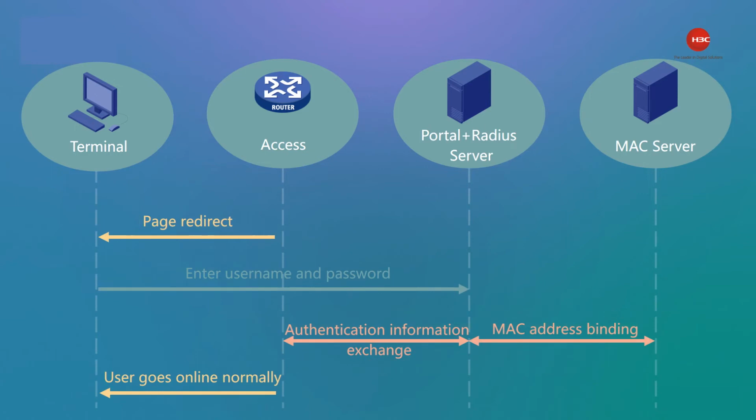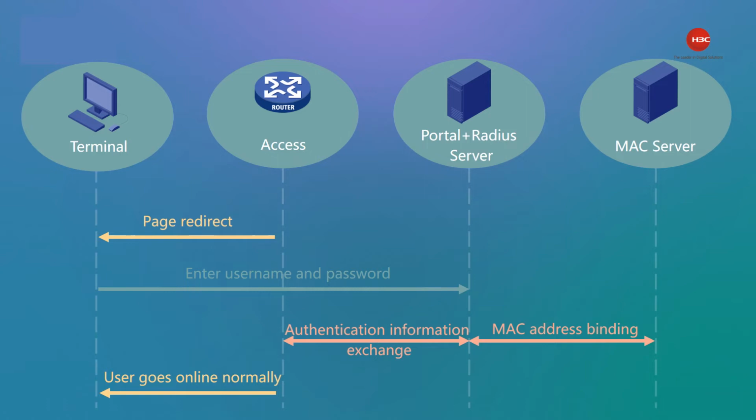At this time, the access device has learned that the user terminal is logging in for the first time. So, consistent with the normal portal process, the access device first sends the authentication page to the user, which is the authentication page we saw before. After the user enters the relevant authentication information, the access device starts a process of authentication interaction with the server.